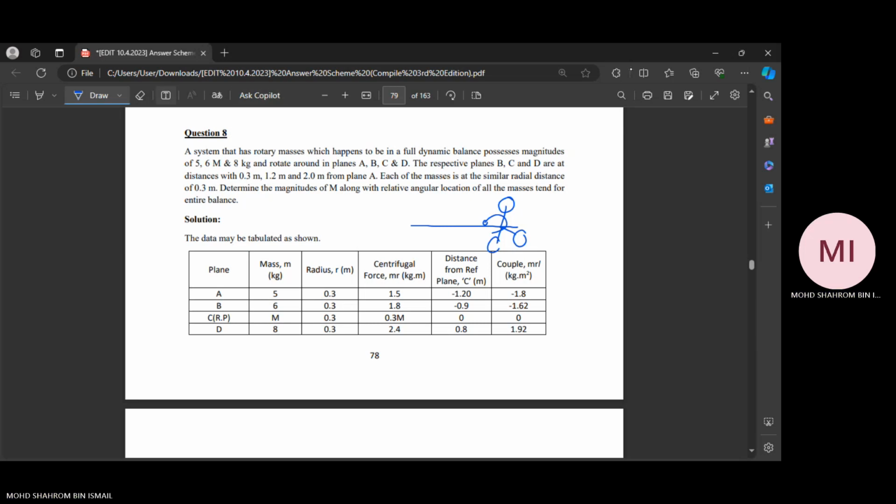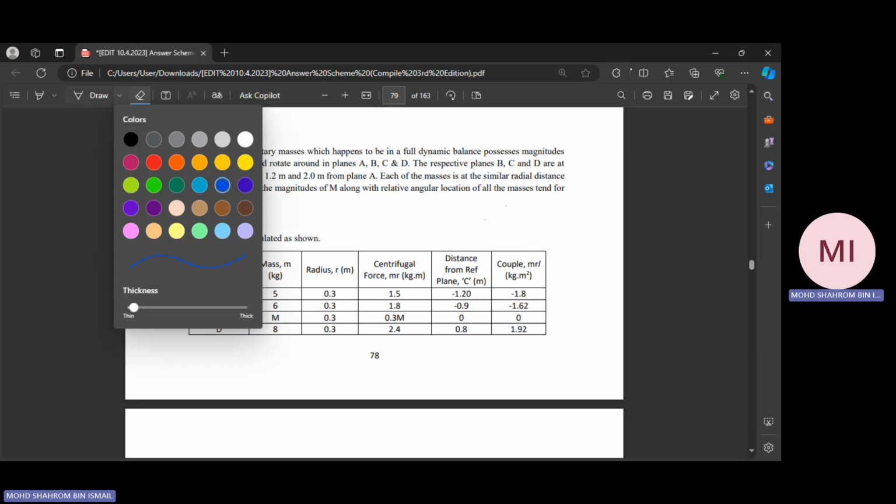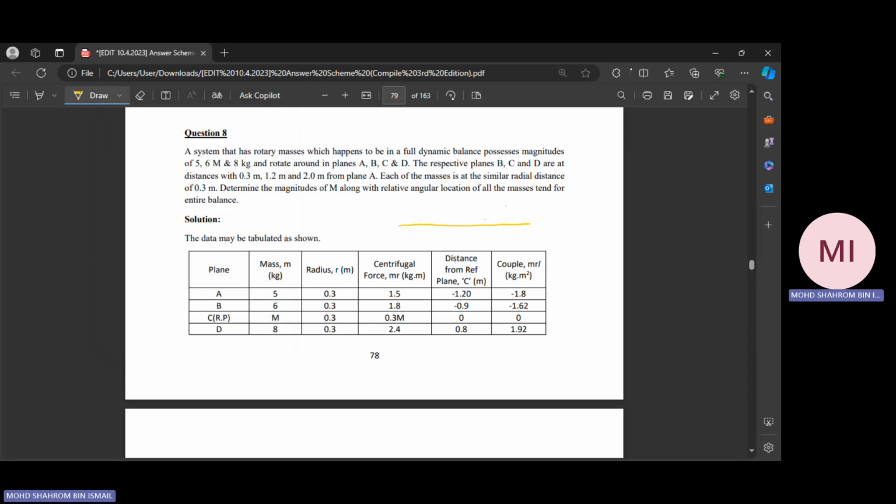However, this topic is a bit different, where we have a shaft from point A to point B. We're going to balance throughout the length of the shaft.